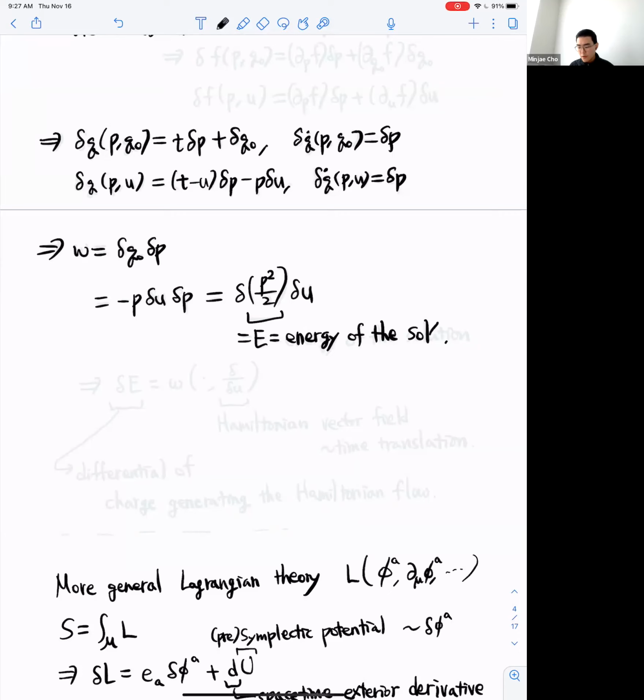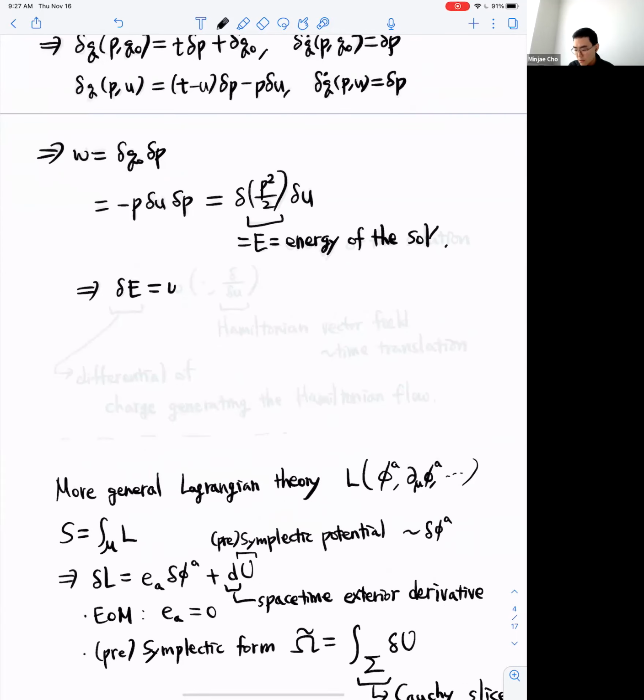Another way to say this is like the following. If we define the differential of the energy as symplectic form contracted against the time translation, this is a tangent vector which is generating the time translation, then this is the notion of energy that we are after.